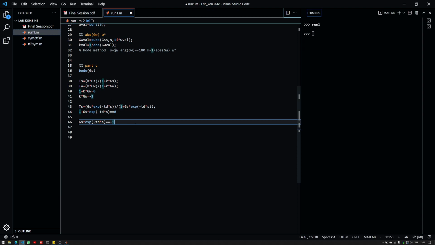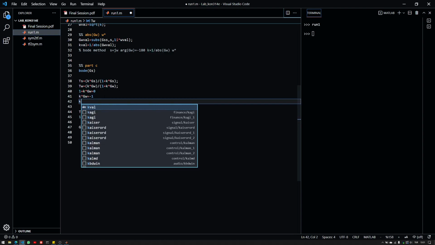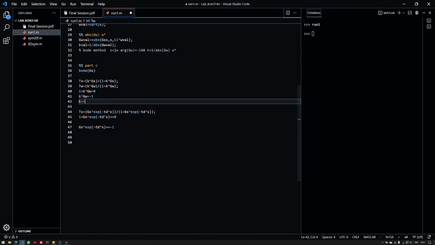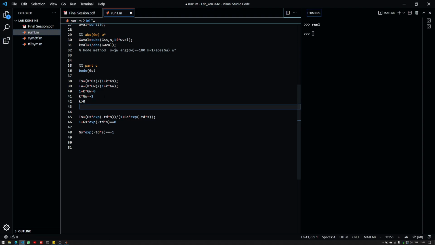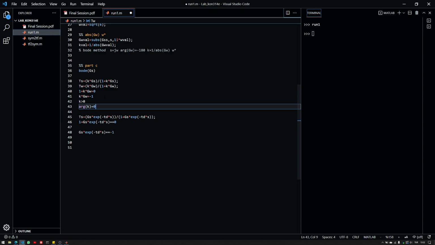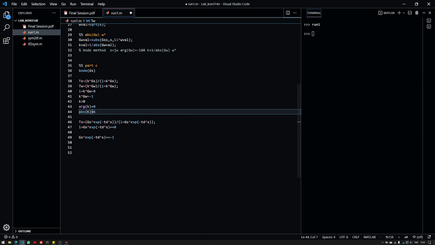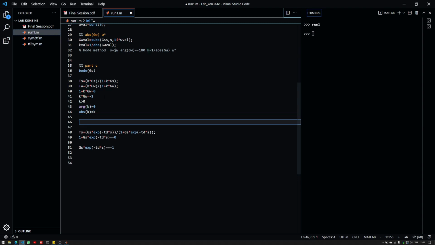Now, if you remember, previously we concluded that if k is, for example, positive, a positive gain, then the argument of k would be equal to 0, because it's a positive static value. And the absolute value of k would be, again, equal to k. So it would not change.